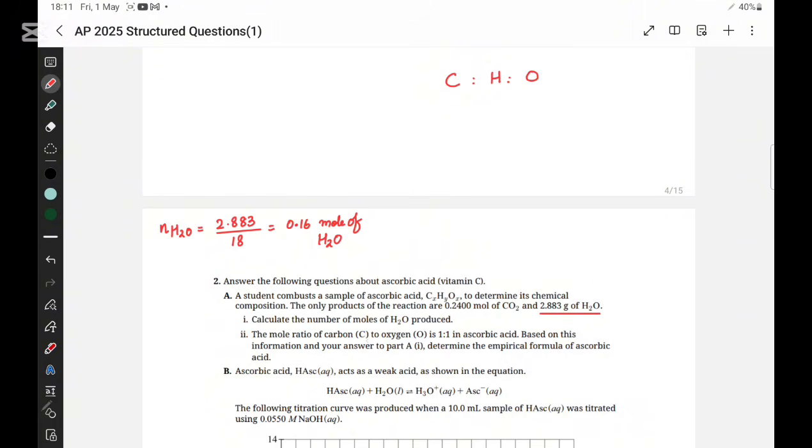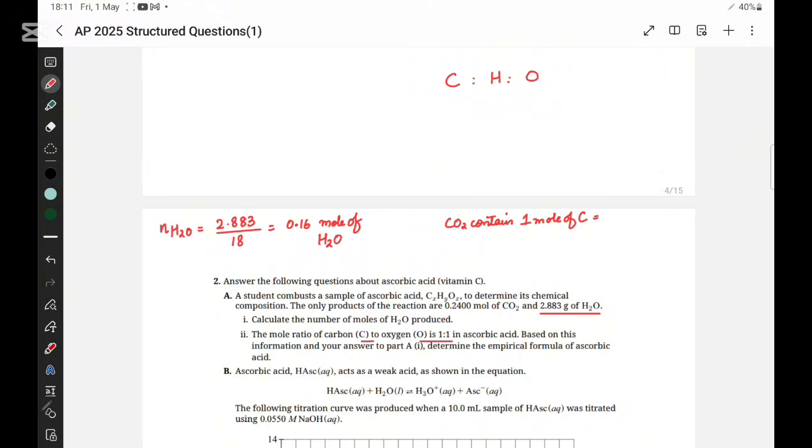They are saying the mole ratio of carbon to oxygen is 1:1. So carbon dioxide basically contains 1 mole of carbon.